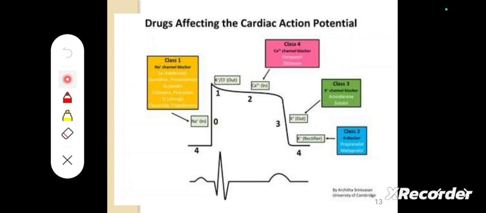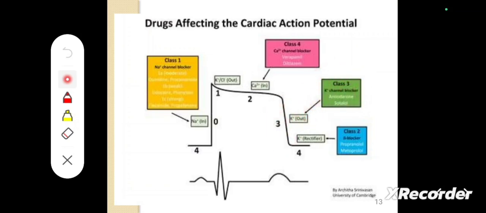So depending on the phase or channels, we can classify the antiarrhythmic agents. First class, that is the sodium channel blockers. Second class, that is the beta blockers. Third class, that is the potassium channel blockers, they act at phase 3.